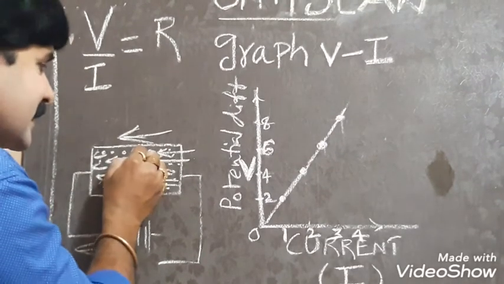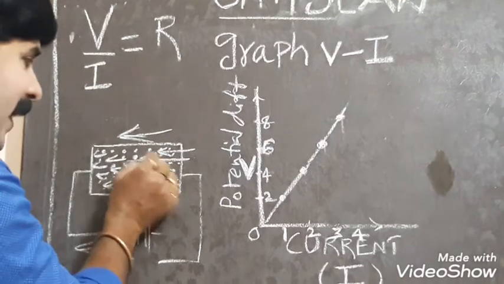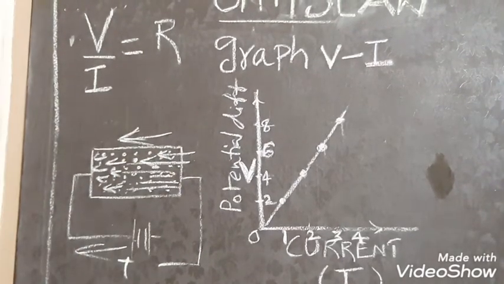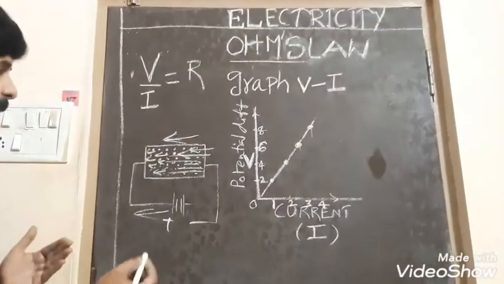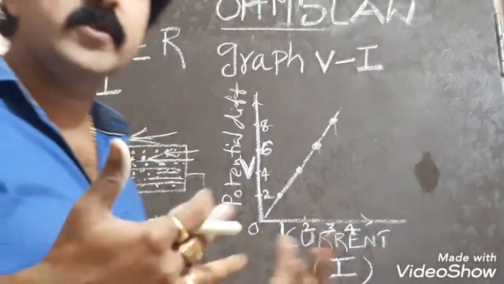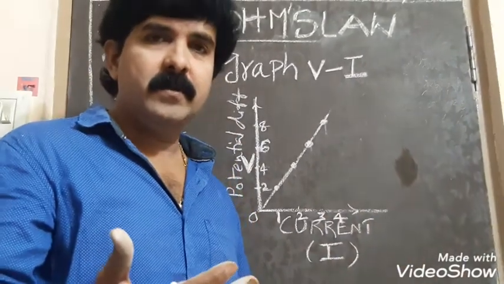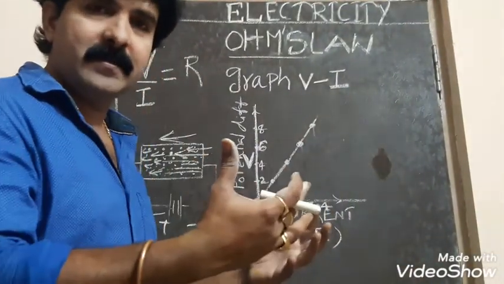So the particles of the conductor are being bombarded by the electrons. Now what happens? They get some energy, kinetic energy, by which they vibrate.